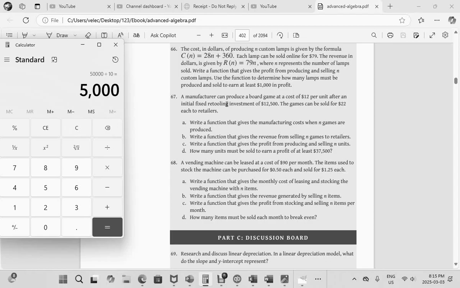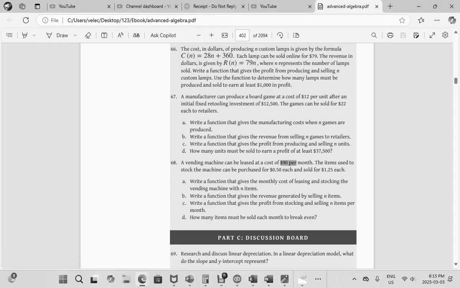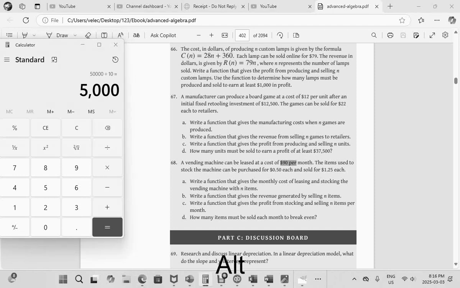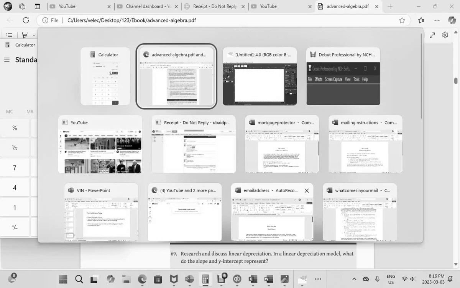The fixed cost, let's say to lease the space, is $90 per month. So this is your base, 90 plus 0.50x will give you your cost of leasing and stocking the vending machine.